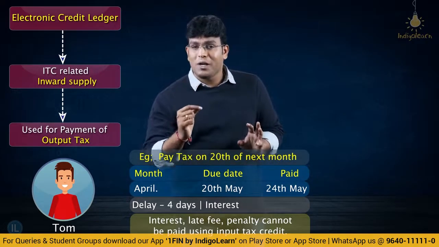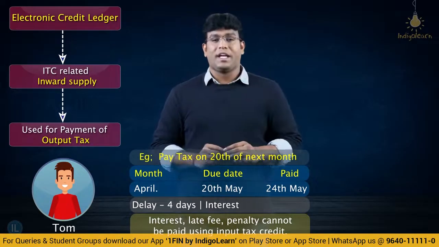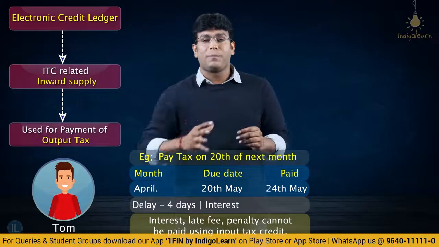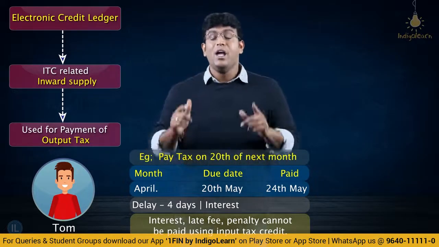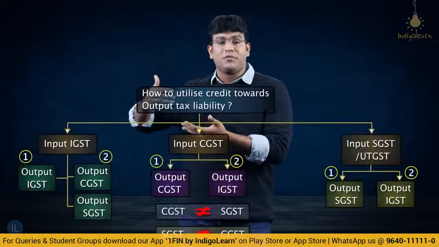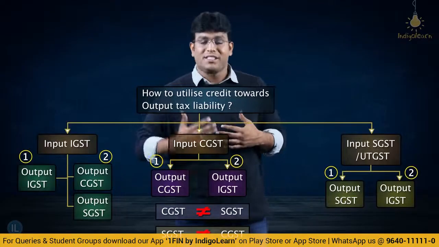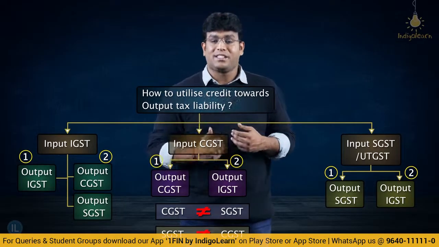And whenever we talk about the electronic credit ledger, the balance can be used for payment of output tax. You definitely have to bear in mind an important concept. Input IGST can be used for IGST, CGST, SGST. Input CGST for output CGST and IGST.